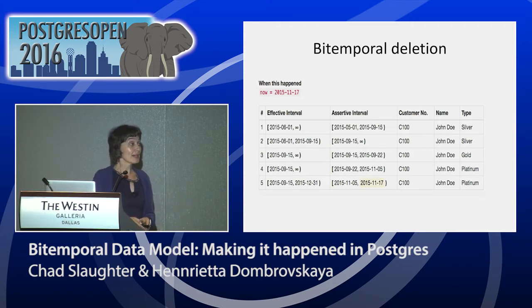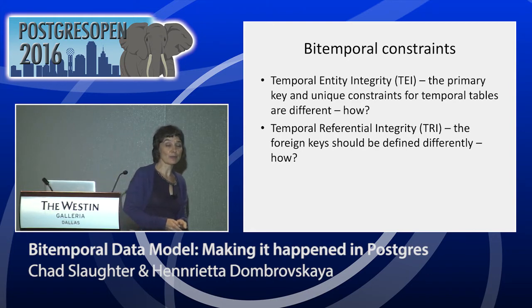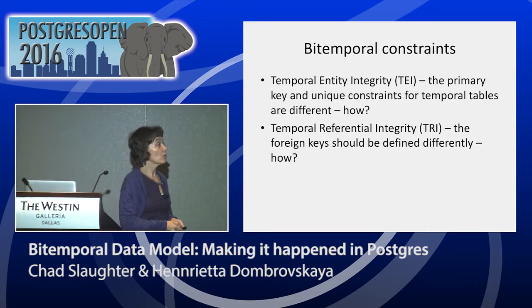Okay, now that was all about operations on the database. Now let's talk about bitemporal constraints. So a database not only has data, it also has constraints. And in the bitemporal world, not only operations will be different, but constraints also will be different. So what are the constraints we need to implement?